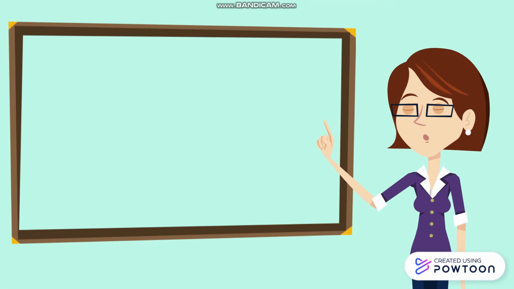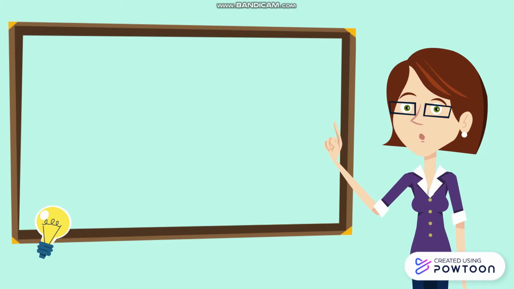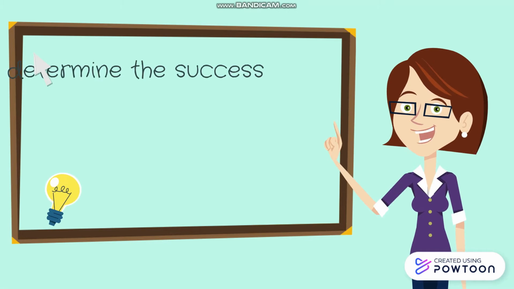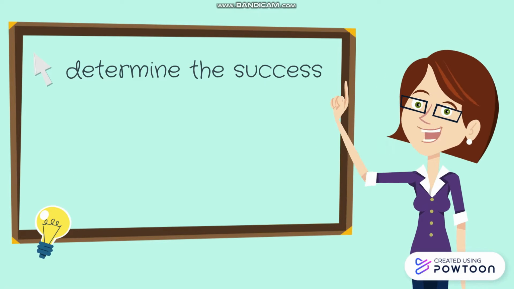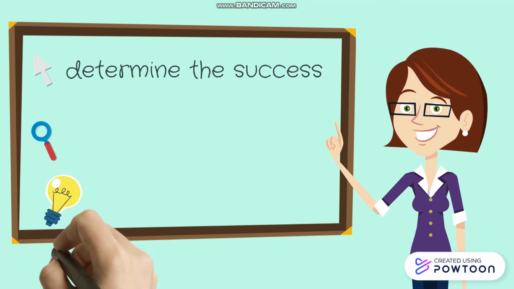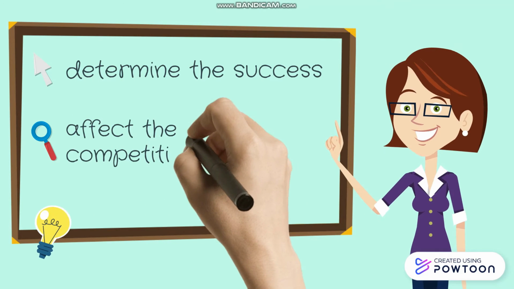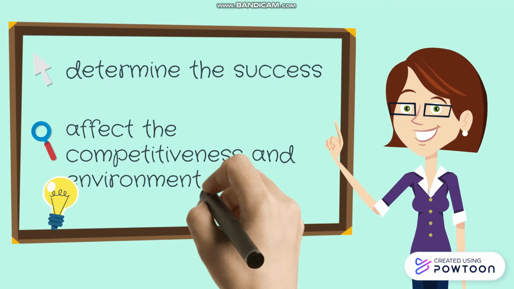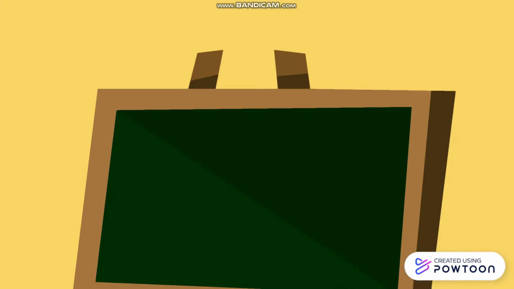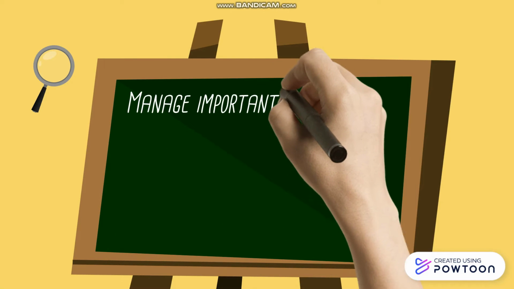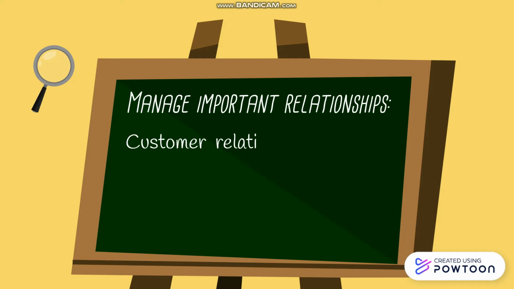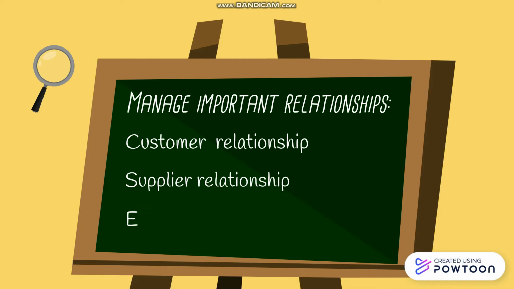Long-term sustainable stakeholder management is the decisive factor in determining the success of an organization. Stakeholder management directly affects the competitiveness and environment of an organization. Stakeholder management can be seen as a process of managing important relationships, such as strong customer relationships, successful relationships with suppliers, committed employees, or other relationships in an organization.